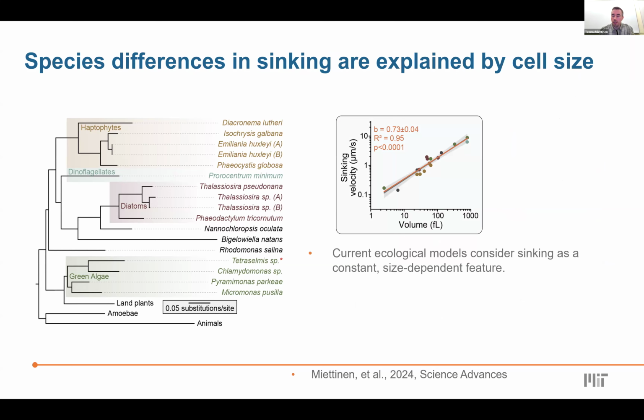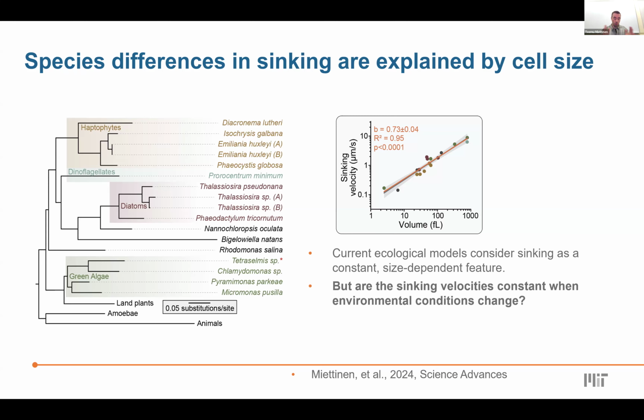This is how a lot of ecological models consider sinking: there's a certain amount of cells or particles of a given size, and the size gives it a certain sinking velocity. What is not normally considered in most ecological models is that sinking velocities may not be constant over time or when environmental conditions are changing.